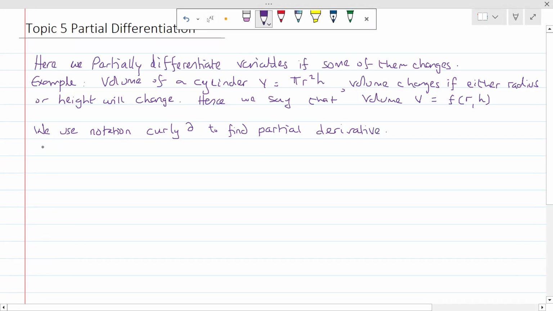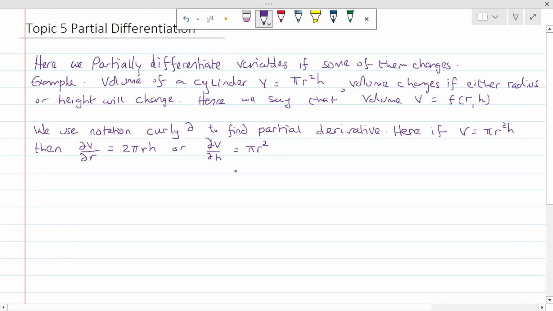So here, if V equals pi r squared h, then partial V partial r will be equal to 2 pi r h, or partial V partial h becomes pi r squared.